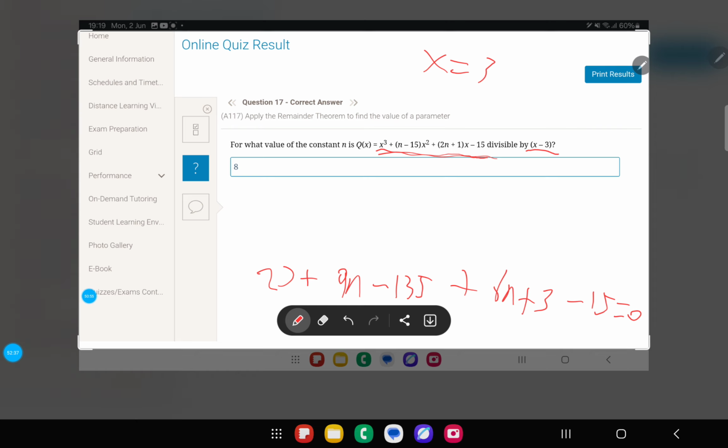Now let's just solve. 9n plus 6n is 15n. 15n plus, cross them out. Now, 27 minus 135 plus 3 minus 15. I put it in the calculator.